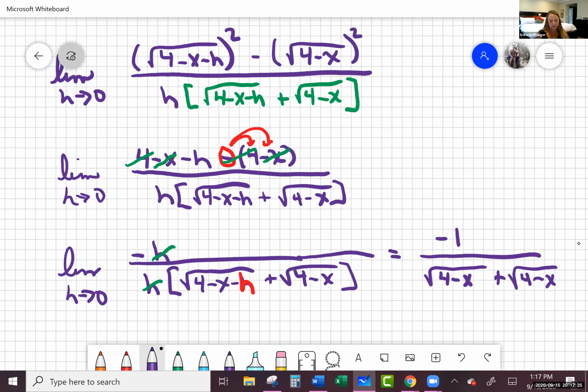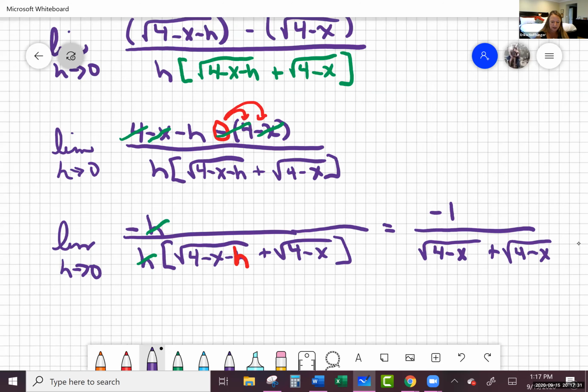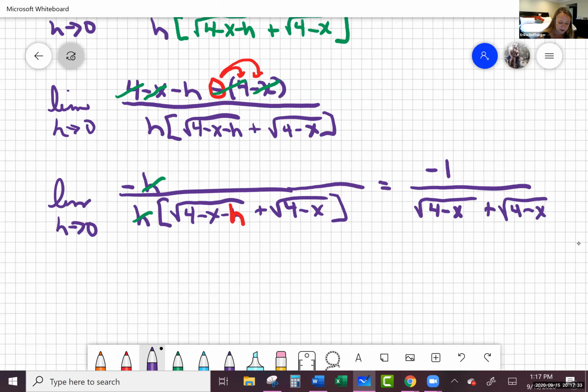These square roots are like terms. They have the same thing underneath the radicals, and they have the same index, so we can add those. And so we just found that the derivative of f of x, f prime of x, is equal to negative 1 all over 2 square roots of 4 minus x.